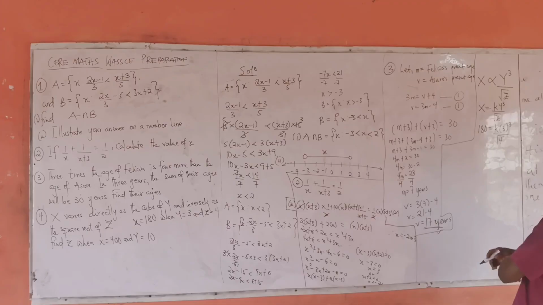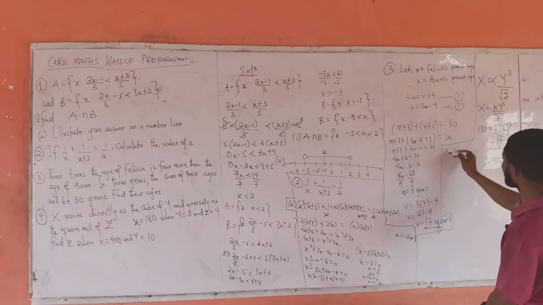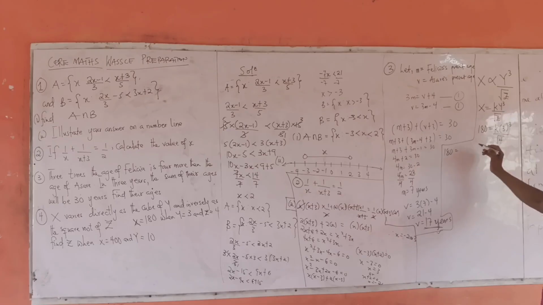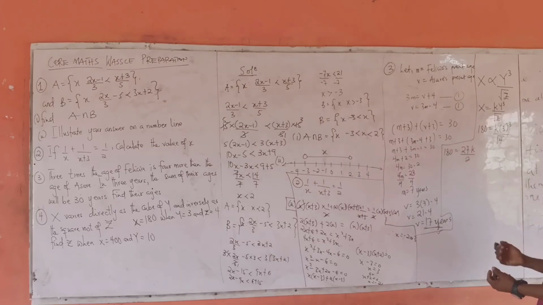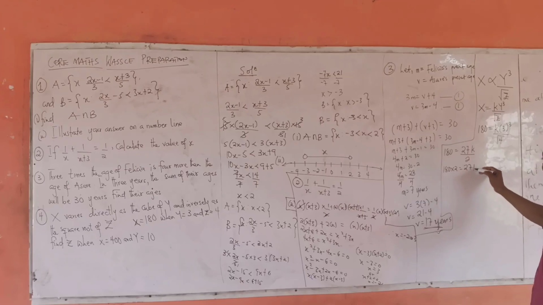We want to make k the subject. So what do we do now? We can simplify this side. 180 is equal to 27k all over 2. Cross multiply, or better still leave it like that. So when I cross multiply, I get 180 times 2 is equal to 27k over 27.